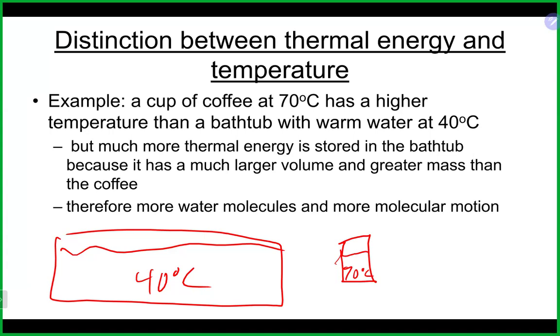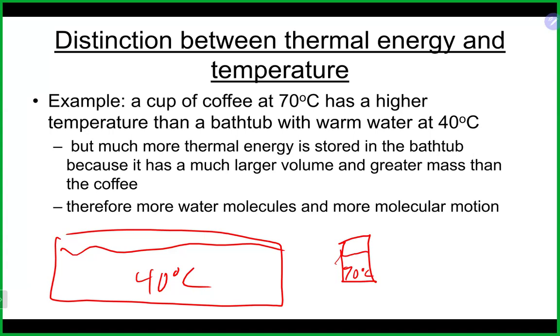Kind of like if you were to take a small glass of water and put it on the stove and heat it, the temperature is going to rise a lot quicker than if you got the giant pot of water to make pasta in. It takes a lot longer to heat that up because there are a lot more water molecules involved. So it takes a lot more energy to see a big increase in the temperature than what we see over there.